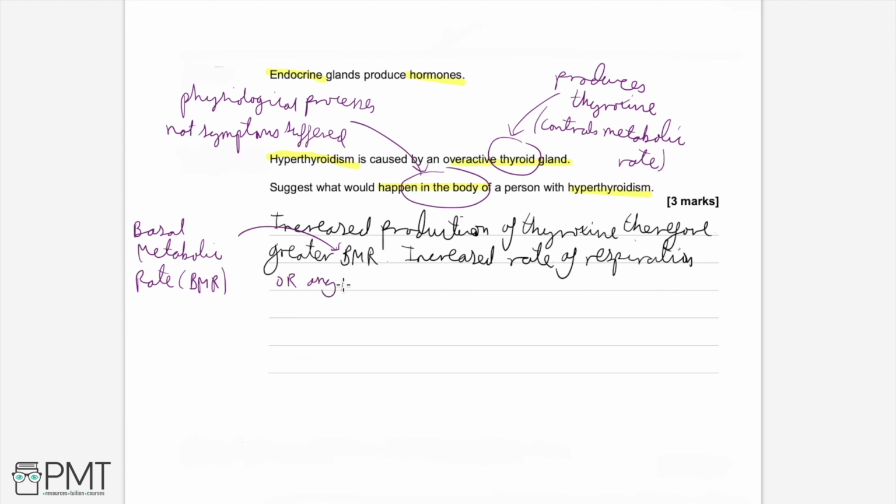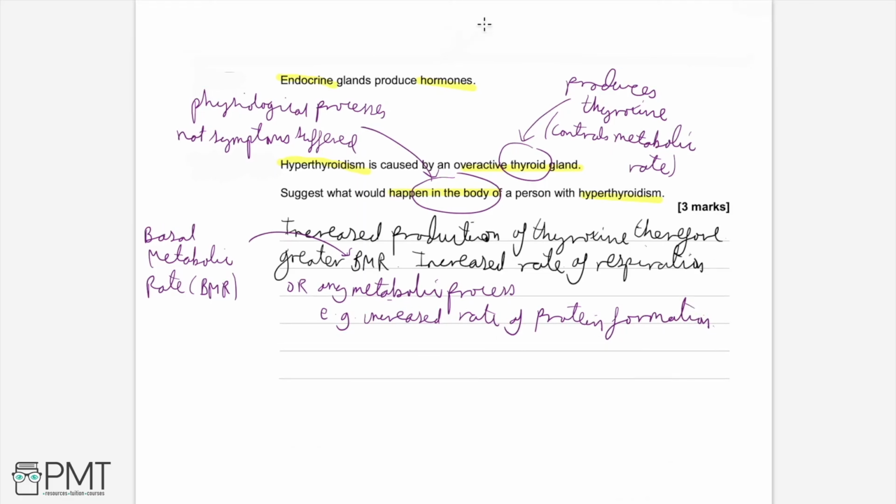Now for this third point, you can discuss any other metabolic process and talk about an increase, such as an increased rate of protein production, for example. So, in this question, the marks come first of all from talking about more thyroxine, secondly from a greater BMR, and finally from an increased rate of respiration or other metabolic process.